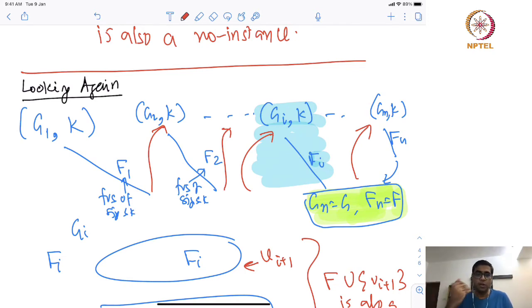So no implies no for the whole problem, but if I have a yes, then I do have extra information. That extra information is that I have a solution of size at most k to my current instance, which with the help of the additional new vertex added in the next instance gives me a solution for the new instance of just one size larger.